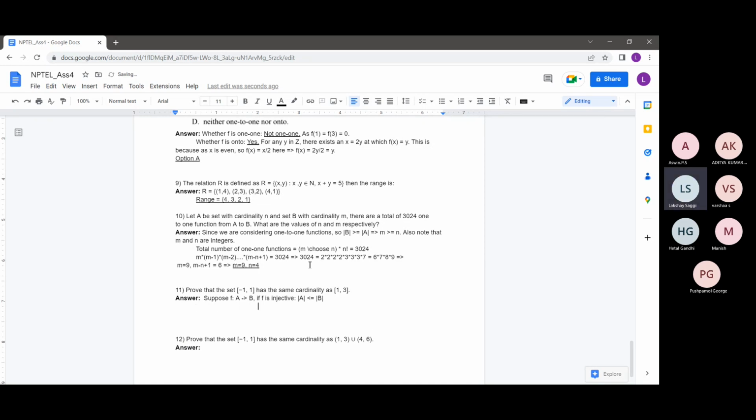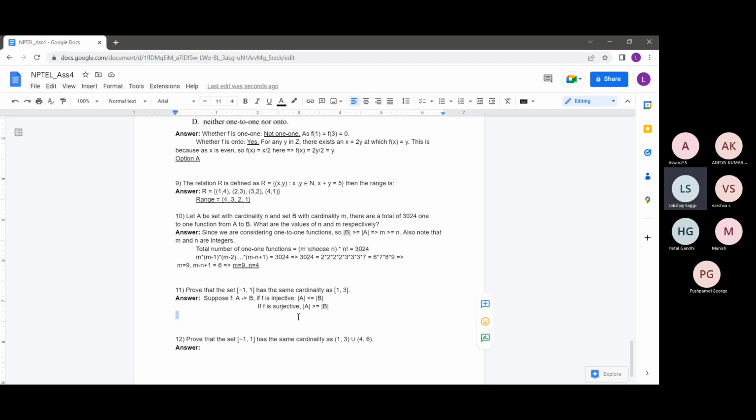And similarly, if f is surjective, then the cardinality of A is greater than or equal to the cardinality of B. Does this make sense, guys? This is something you have covered in the lectures as well, at least these definitions.